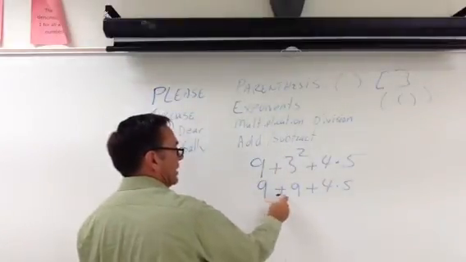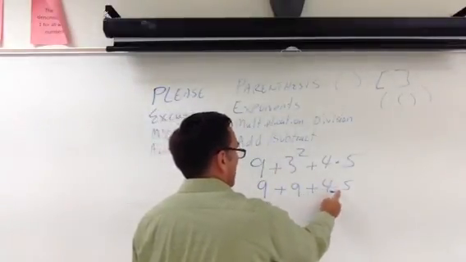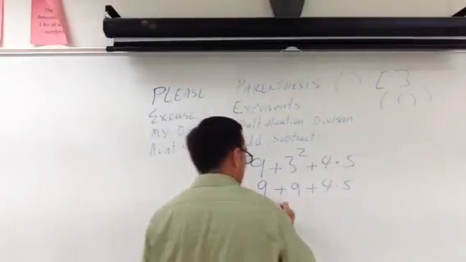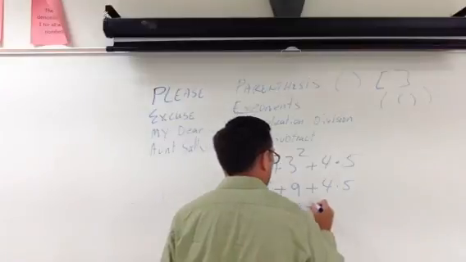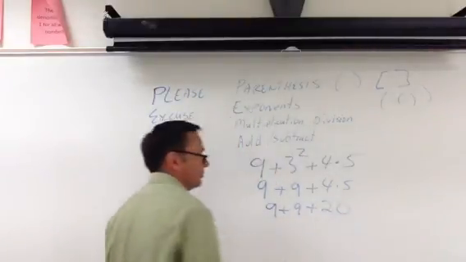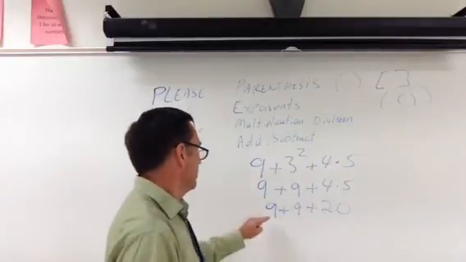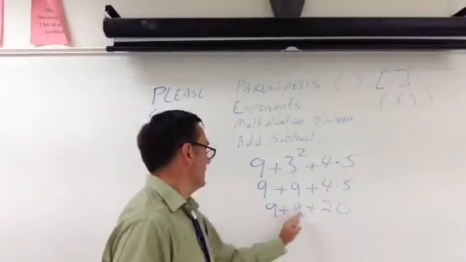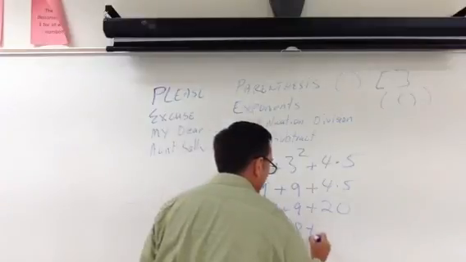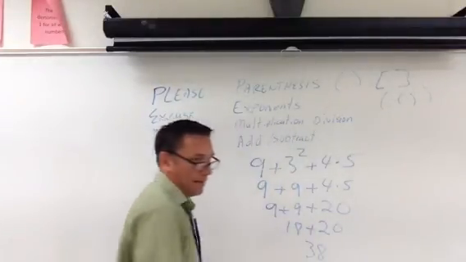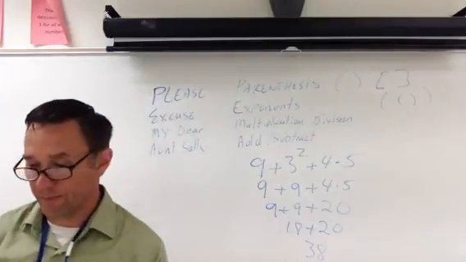Now we have addition here, multiplication. This is the second part we need to do, 4 times 5, which is 20. Now this is addition. Do everything left to right. 9 plus 9 is 18. And then 18 plus 20 is 38. And that's how we get our final answer.